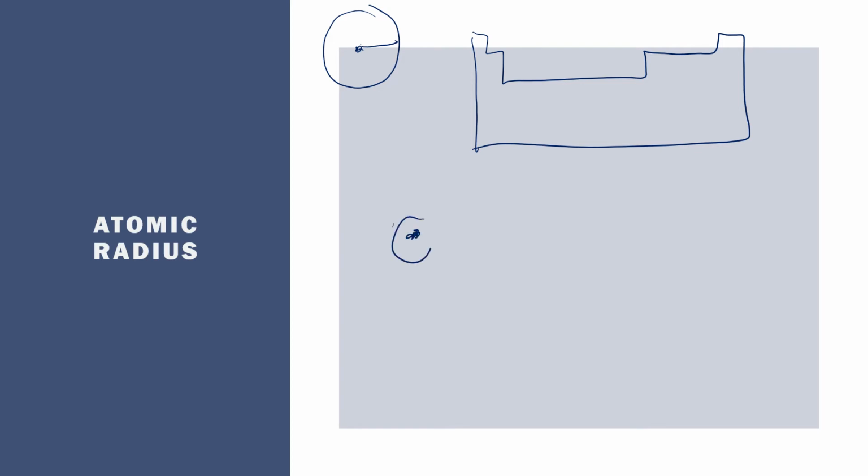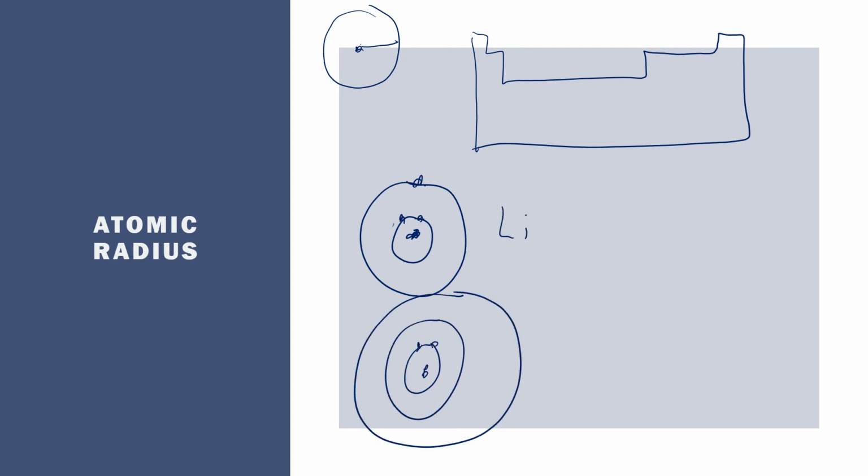So again, we're going to be looking at elements in the same group versus elements in the same period. Elements in the same group would be something like lithium and sodium. I'm going to be using these for a lot of my examples. There's lithium and there is sodium. They're in the same group on the periodic table.